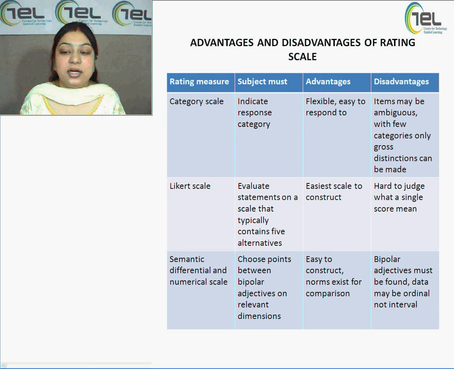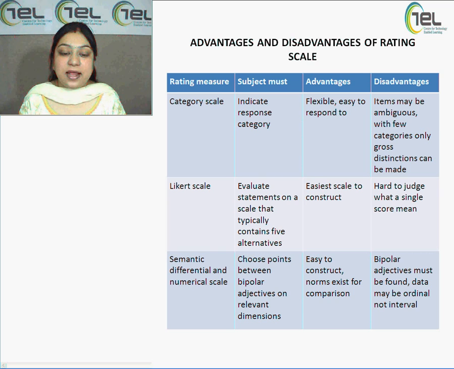With few categories, only gross distinctions can be made. Next comes the Likert scale. In the Likert scale, we evaluate statements, and it typically contains 5 alternatives. It is also one of the easiest scales to construct, but it is hard to judge what a single score means.